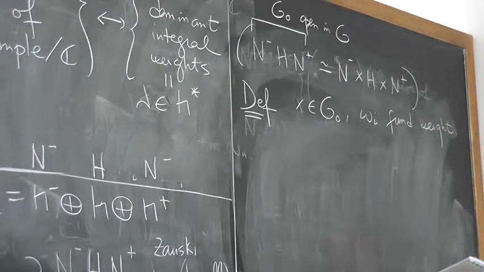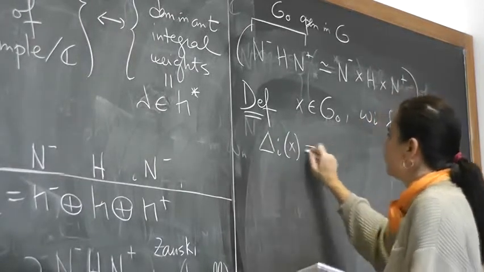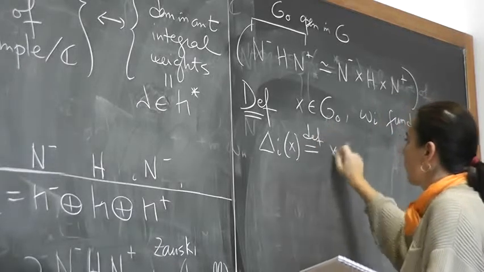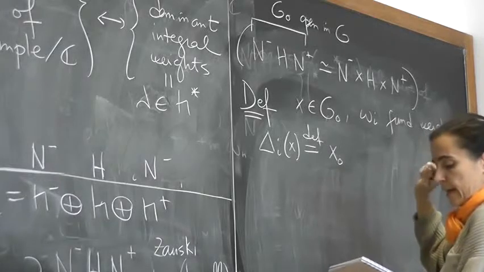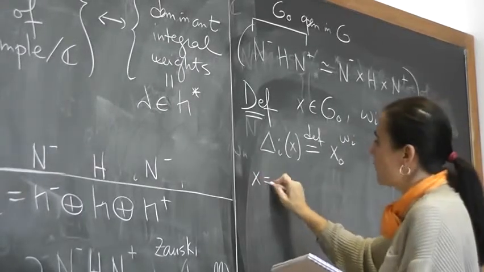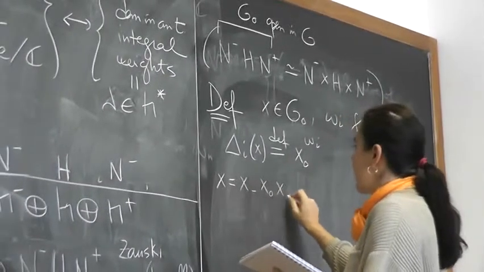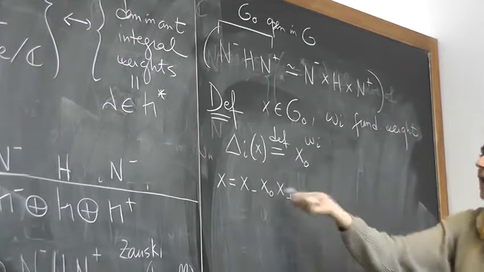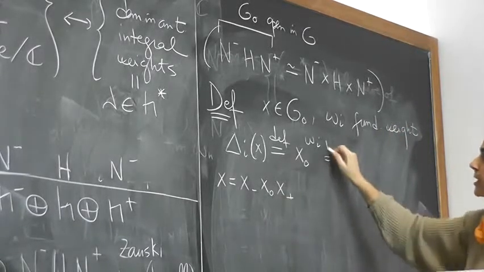Then we define the following. x is written in a unique way as x minus, x0 and x plus. We take this x0 in H, and we do this by definition.